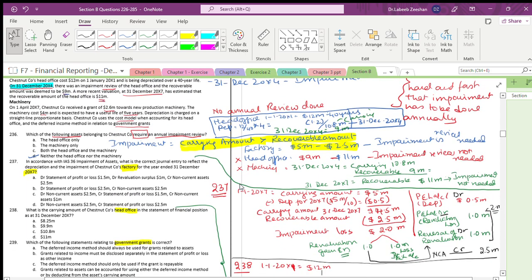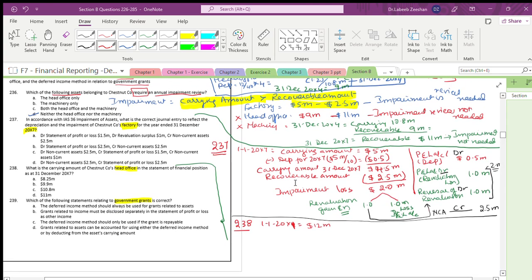Depreciation is how much? It is for 40 years.